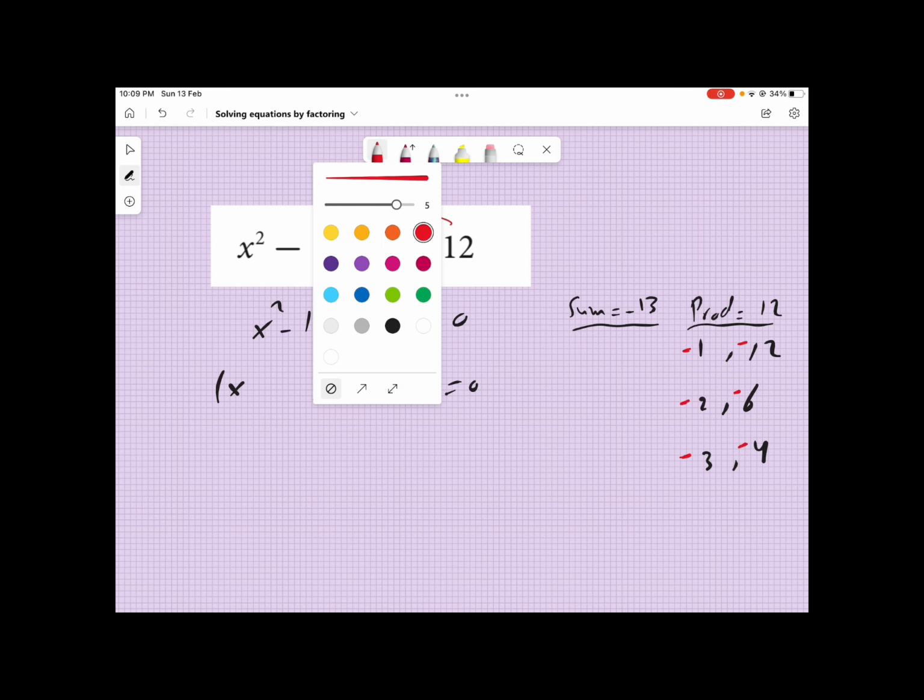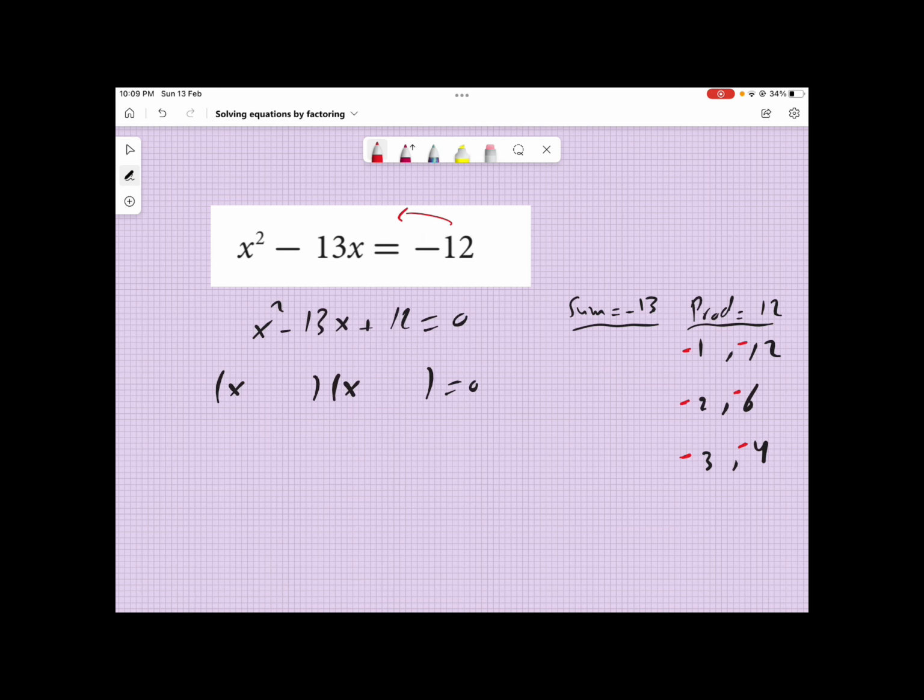So let me add them to see which one satisfies negative 13. Negative 1 and negative 12 is negative 13, negative 2 and negative 6 is negative 8, negative 3 and negative 4 is negative 7. So these two numbers are the required numbers. So I'm going to put negative 1 and negative 12.